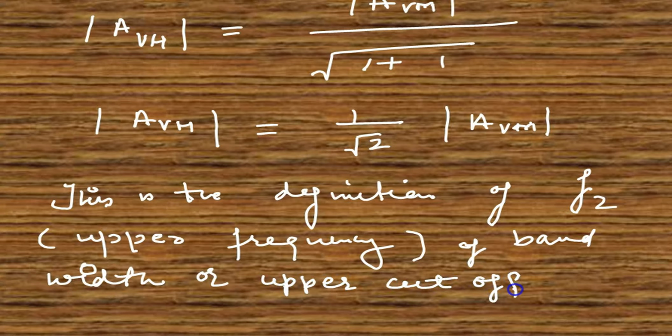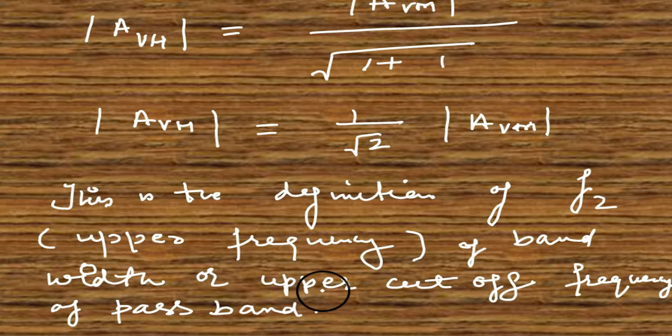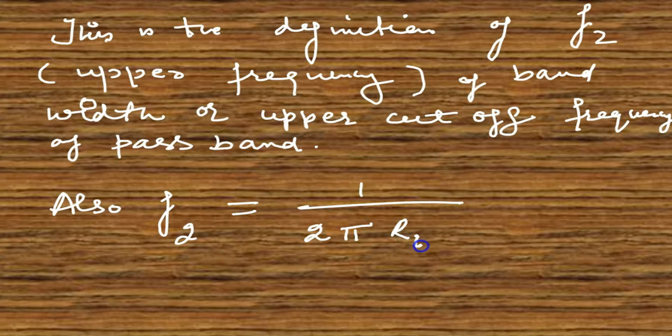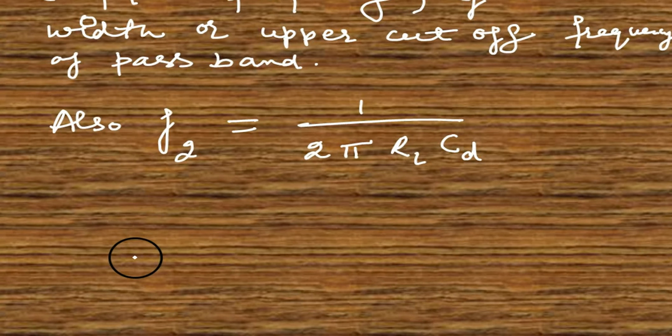So this is the upper cutoff frequency of the pass band. You know the bandwidth is between f1 and f2. So f2 is that frequency which decides the bandwidth, and it equals 1 over 2 pi RL into CD. So this frequency depends upon the load resistance.